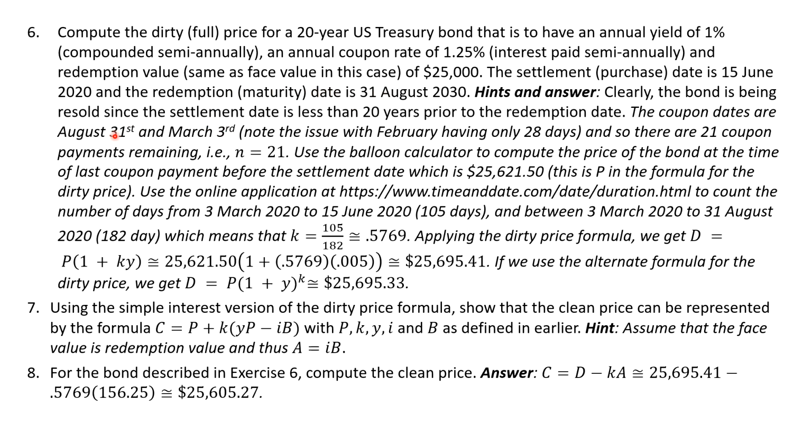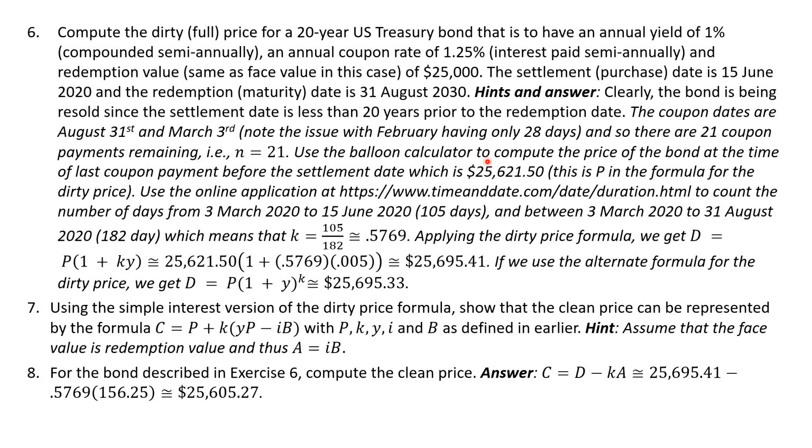So I worked backwards 182 days to August 31st. And I used that. Again, if you're using some type of online calculator, they may do something slightly different, but that's what I did here. So there are 21 coupon payments remaining, n equals 21.